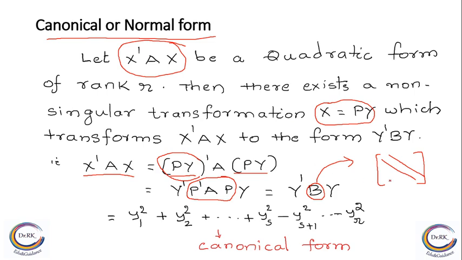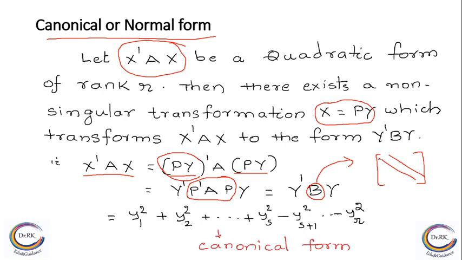So if this B is a diagonal matrix, where y is a column vector consisting of y1, y2, y3 and so on, then we get terms consisting of only the squares of the variables, like y1 square, y2 square, and so on.